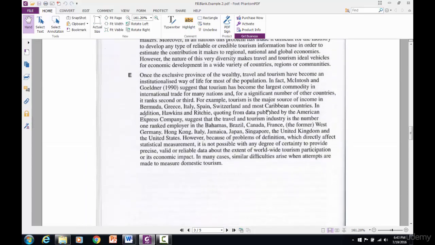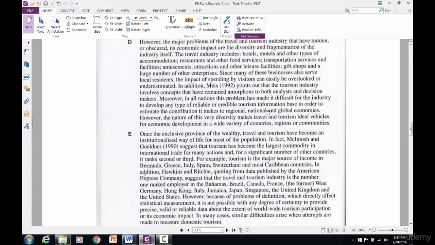When we look at this sentence, major source is the only language here that's similar to most important. So our answer is going to be source of income. They would accept just income also as an answer choice, but our answer here will be source of income because the word major is connected to most important.